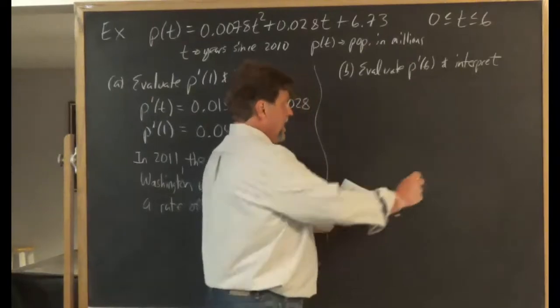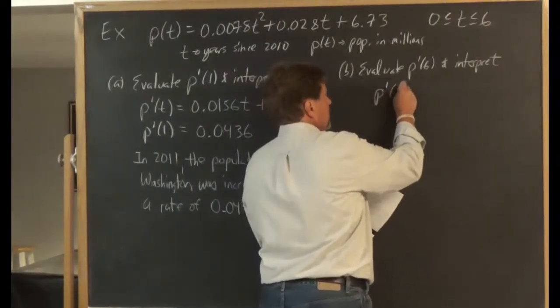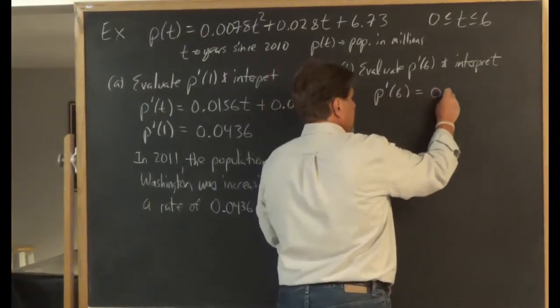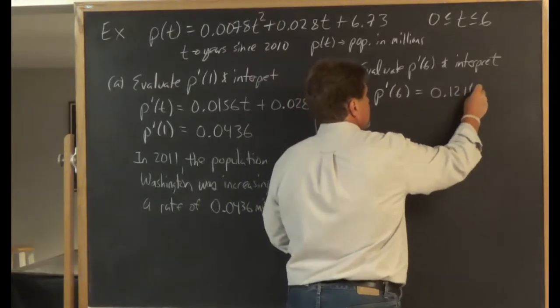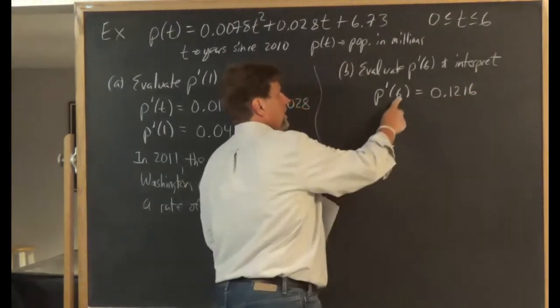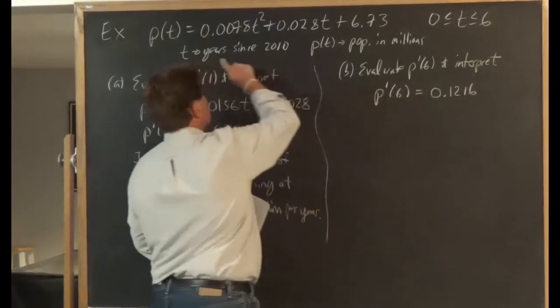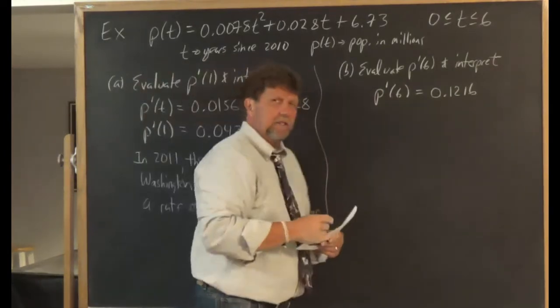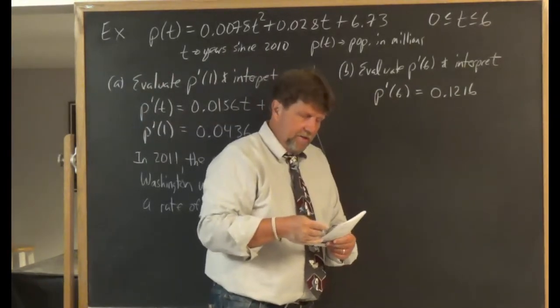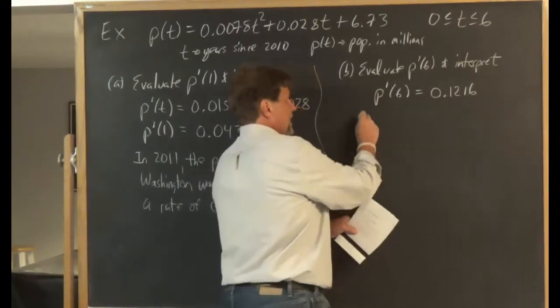All right, folks, I have p prime of 6 to be 0.1216. So 6 years since 2010. 6 years since 2010 would be 2016.